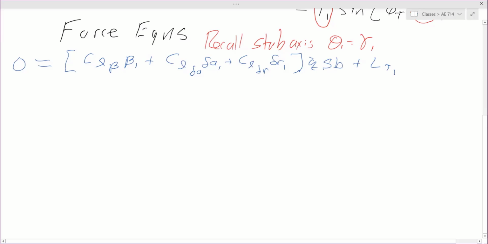And so there's the aerodynamic part, and then the thrust part, we didn't go beyond just saying, well, there could be a rolling moment due to the thrust, depending on what happens. Here's the pitching moment equation.